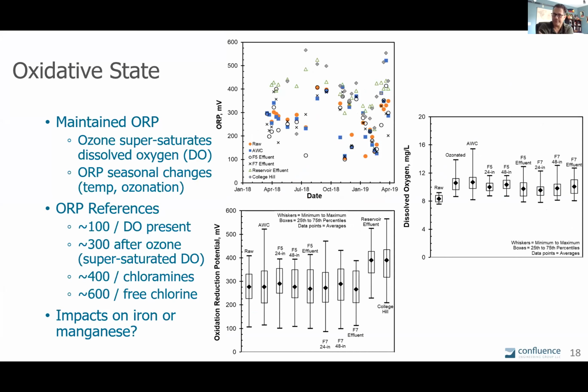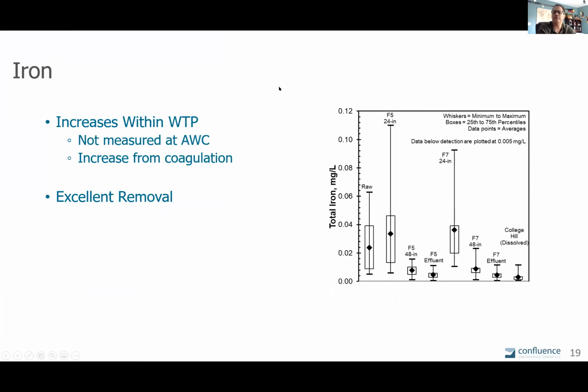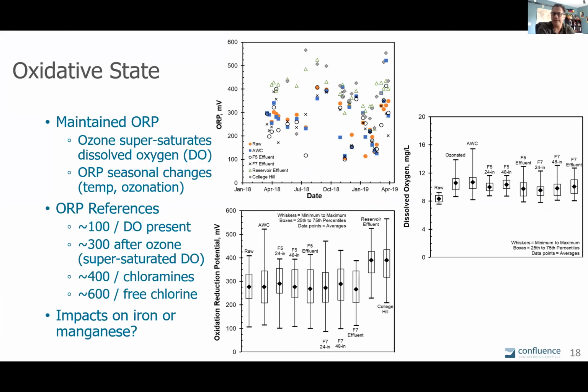We have a lot of graphs to go through. One thing we looked at, and one thing they wanted to pay attention to, was iron and manganese. So we looked at oxidative state, ORP, oxidation reduction potential. You can see it in the scatter plot in the top graph.